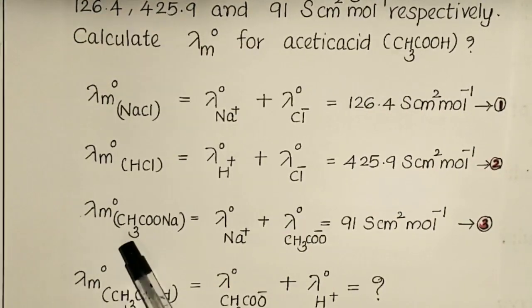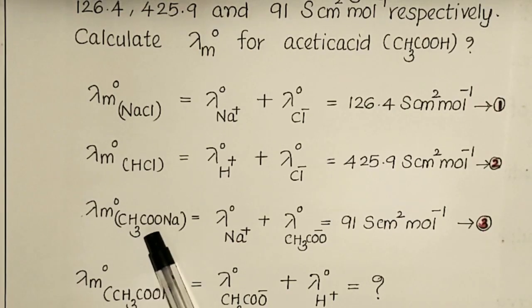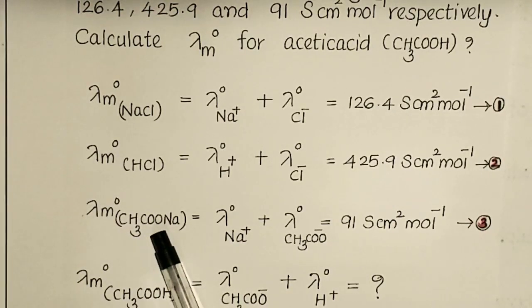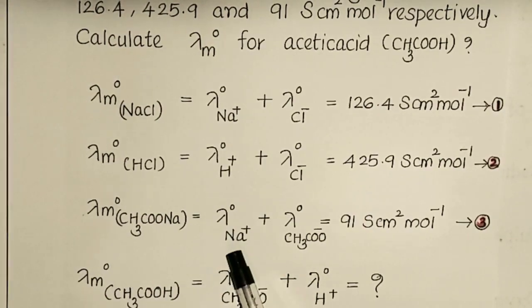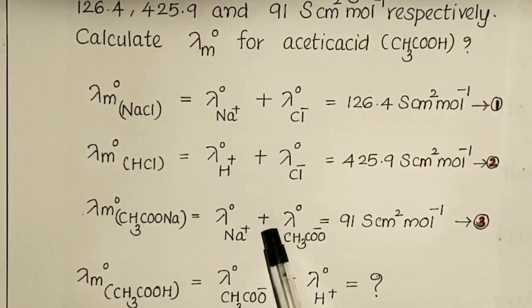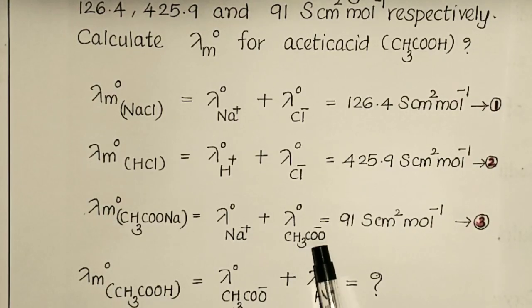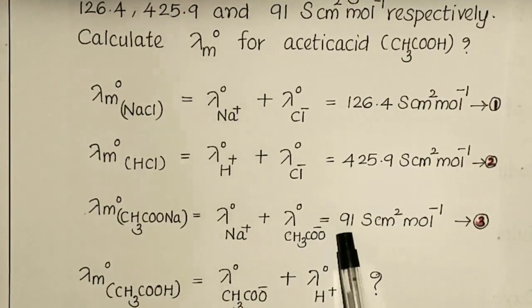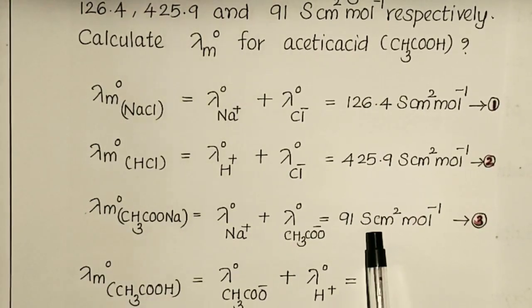Then lambda m0 for sodium acetate: the ions are CH3COO- acetate ion and Na+ ions. So lambda 0 of Na+ ion plus lambda 0 of acetate ion CH3COO-, which is given as 91 Siemens centimeter square mole inverse.